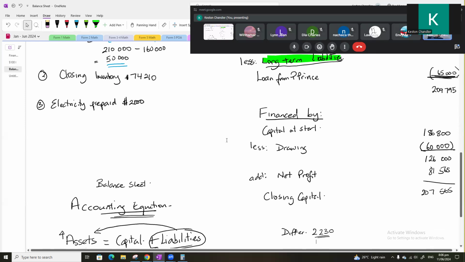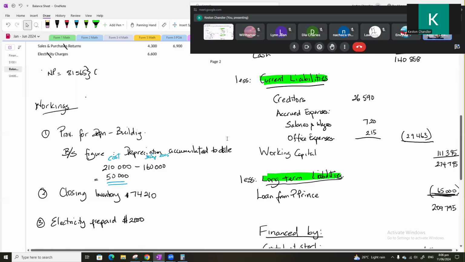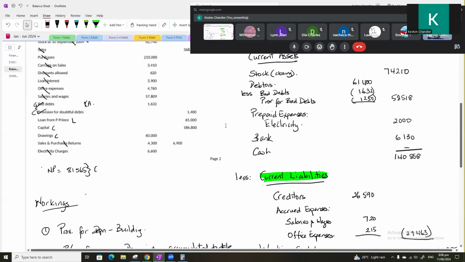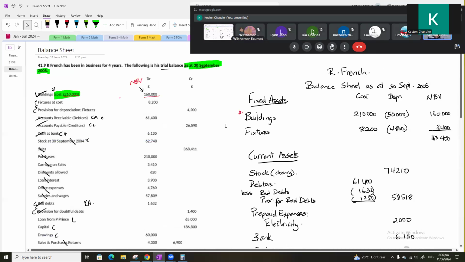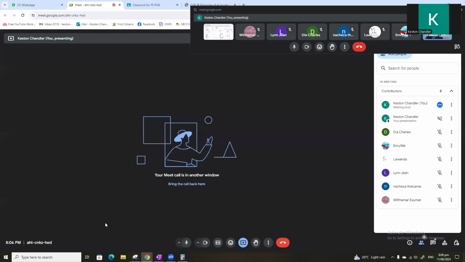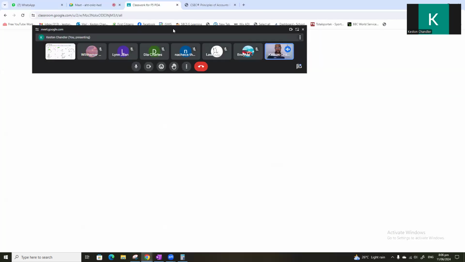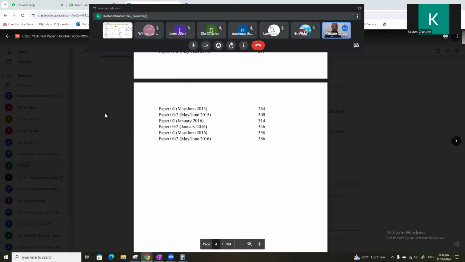All right, everybody understand the format of the balance sheet? Just give me a little thumbs up if you do. Raise your hand if you don't, and you want me to recap. All right, so everybody's good. Excellent. So we're going to look at another example with our profit and loss and our balance sheet.